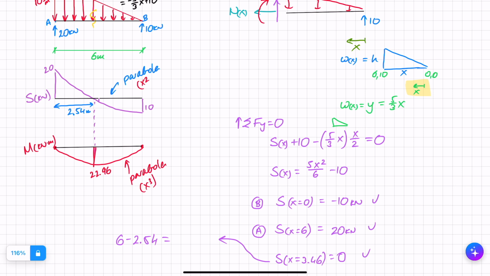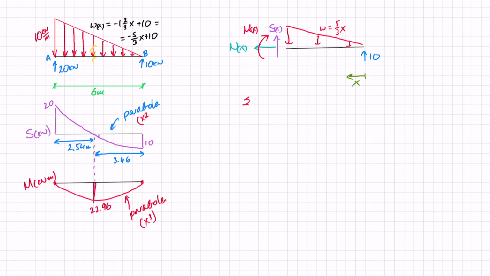Let's move on to finding the moment. So if I do the moment at the cut, I've got my moment, which is negative. Then I've got a positive reaction force, so plus 10 times x. And then I've got a negative moment from this triangular force, which is, as we said, the area is 5/3 times x over 2. That gives me the area, which is the force.